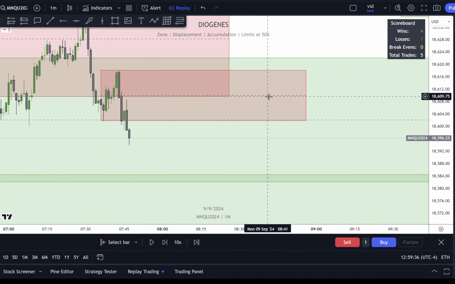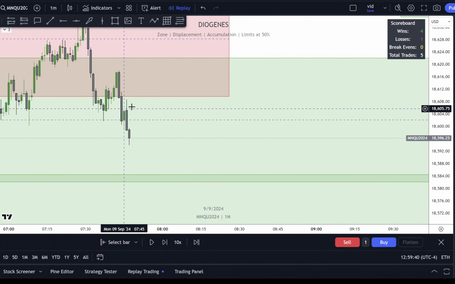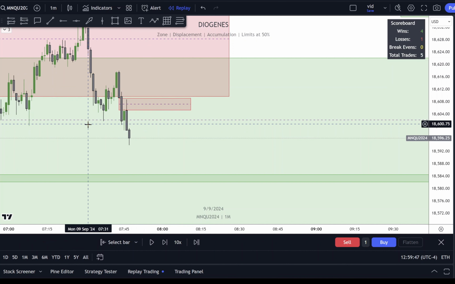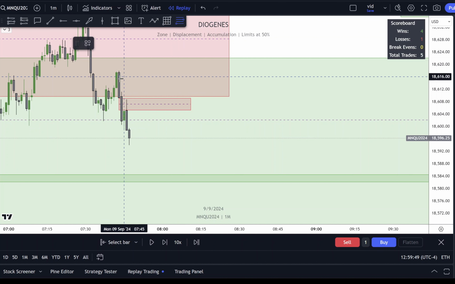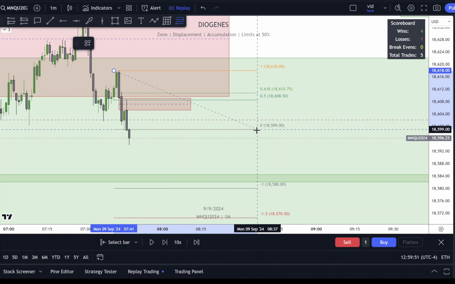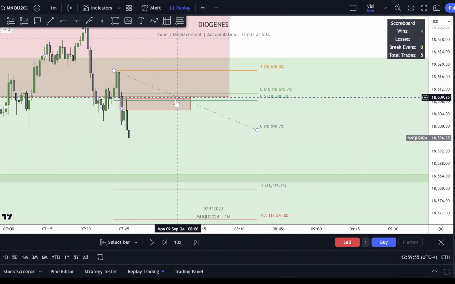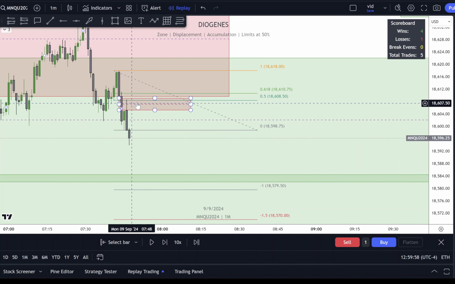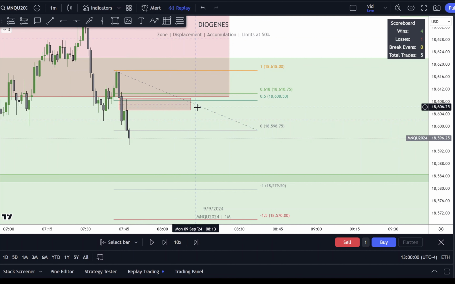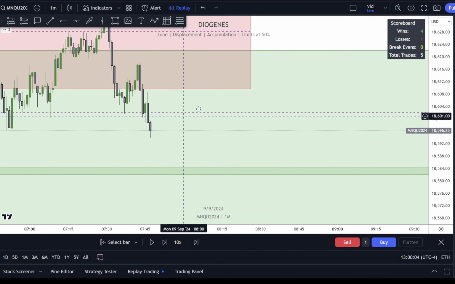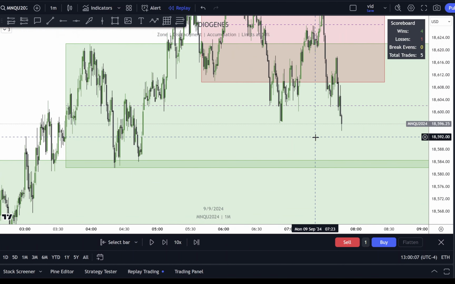Something else I want to talk about is whenever you have some fair value gaps, like in here, and you apply the golden bullet fibs, like this, and you see that this fair value gap is just at the equilibrium, just take the entry here and try to follow price, okay? But let's keep it simple and just trade the money maker setup, okay?